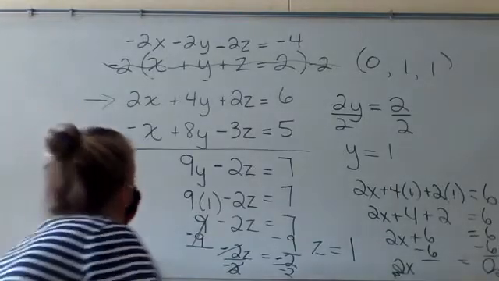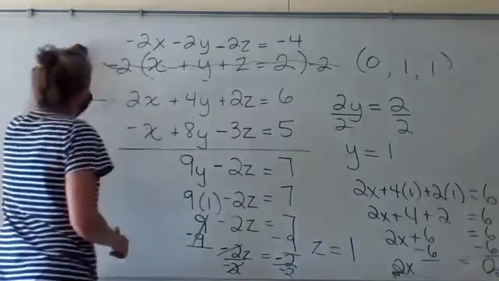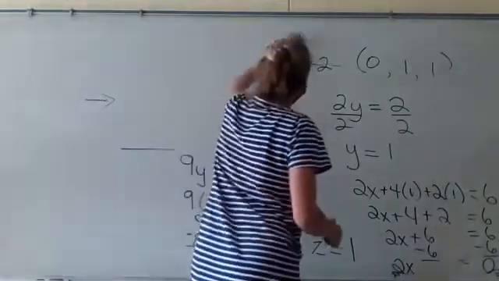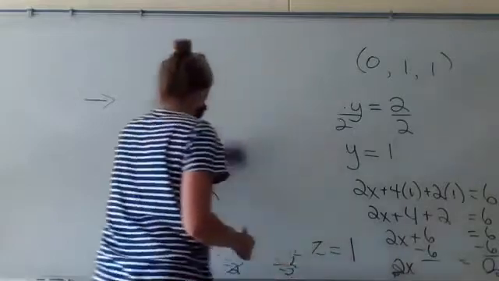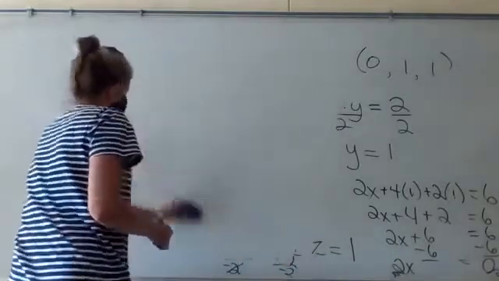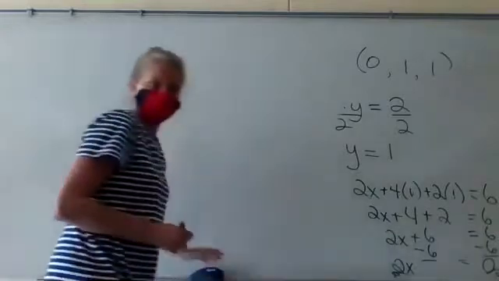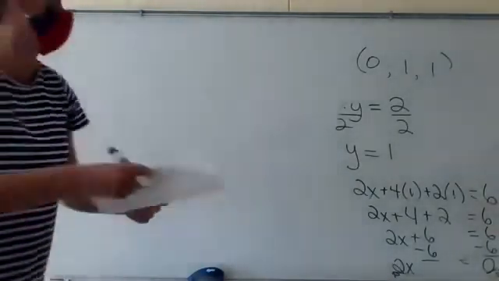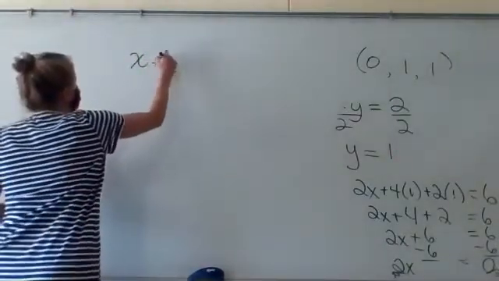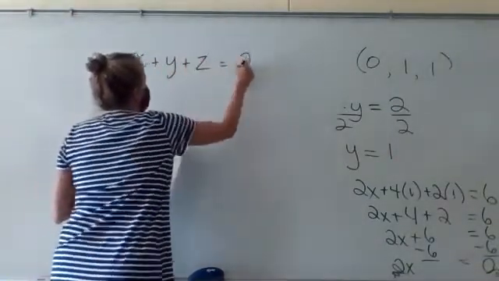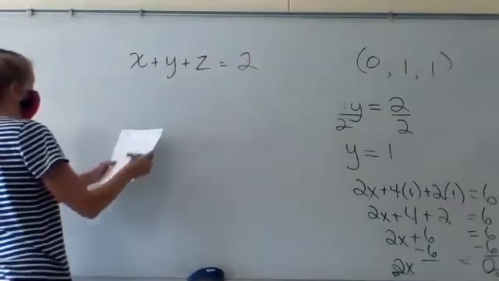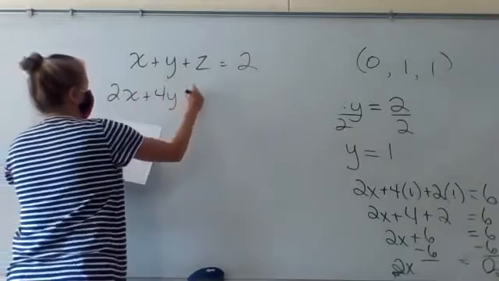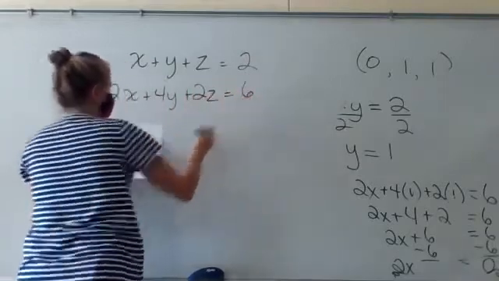So let's okay, so we had x plus y plus z equals 2. x plus 4y plus 2z equals 6.